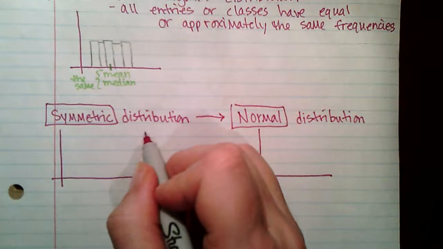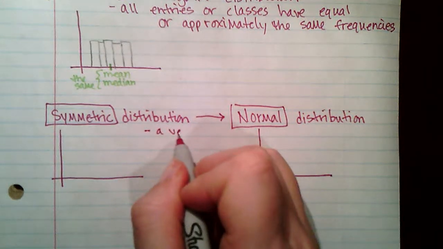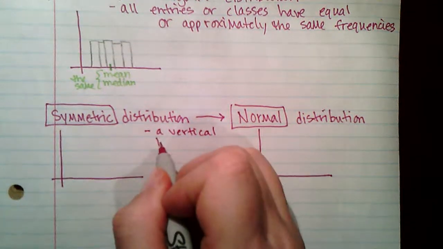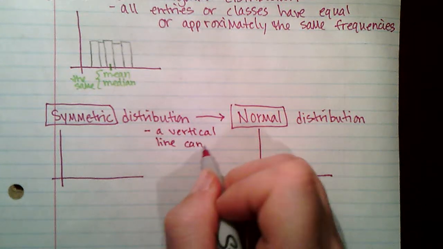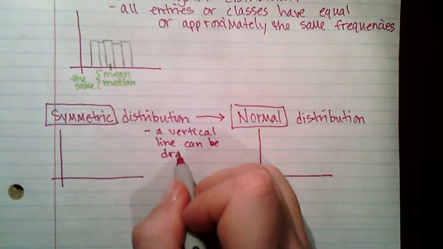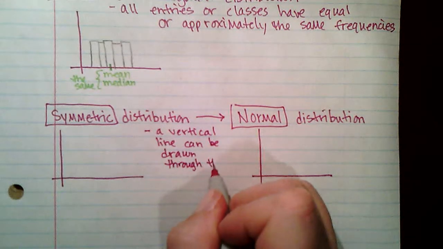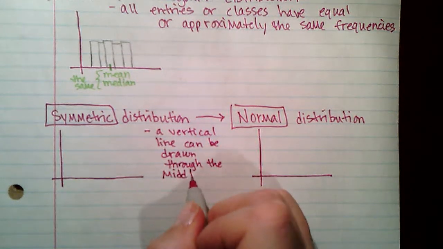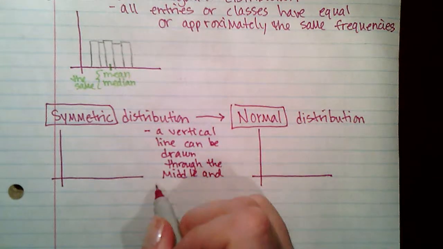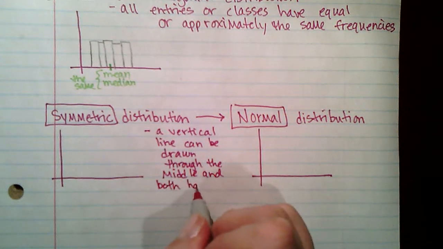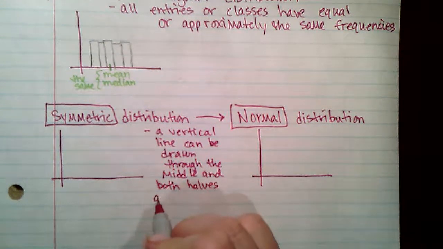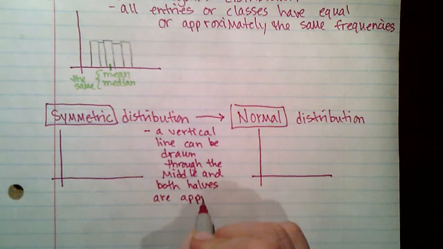So in a symmetric distribution, a vertical line can be drawn through the middle, and both halves are approximately mirror images.